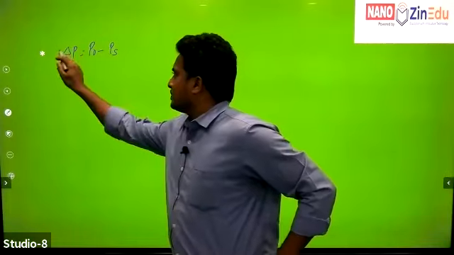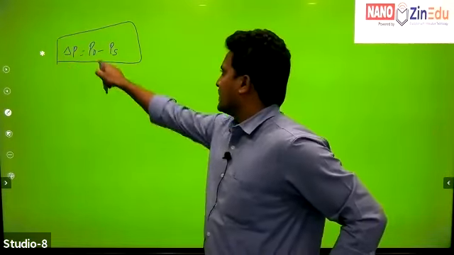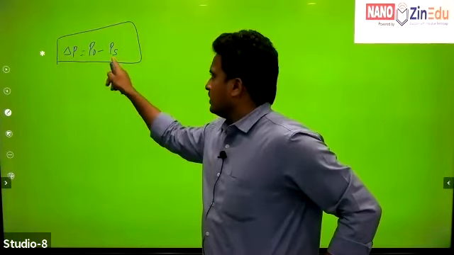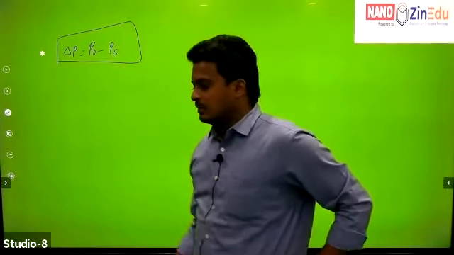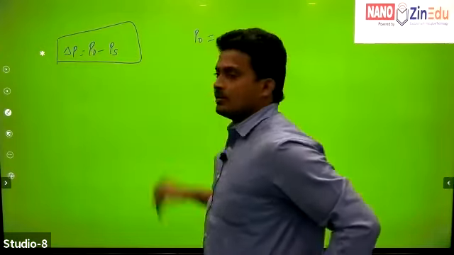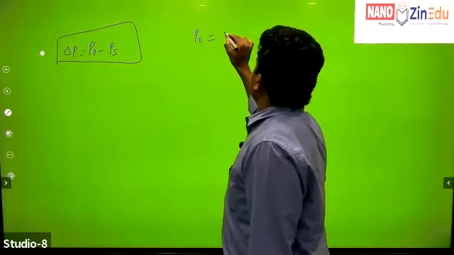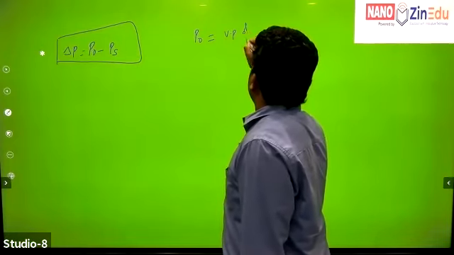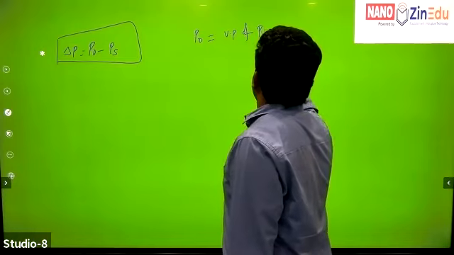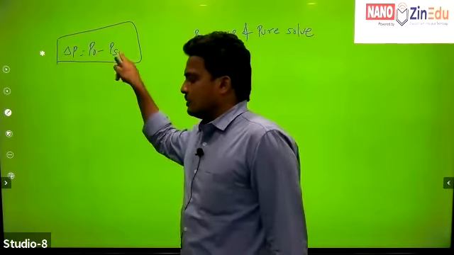Remember this formula. Always we are subtracting from the higher value to the lower value. P naught always represents the vapor pressure of pure solvent. Always we are doing higher value minus lower value, right?